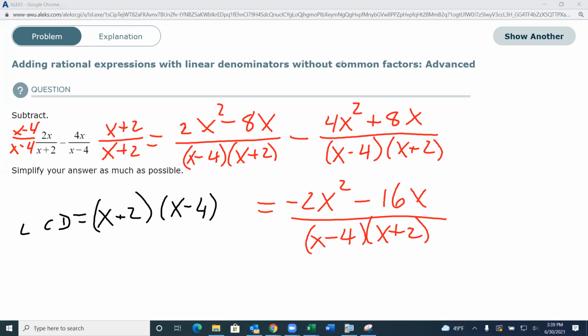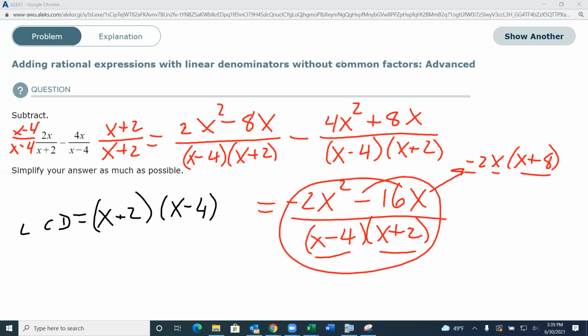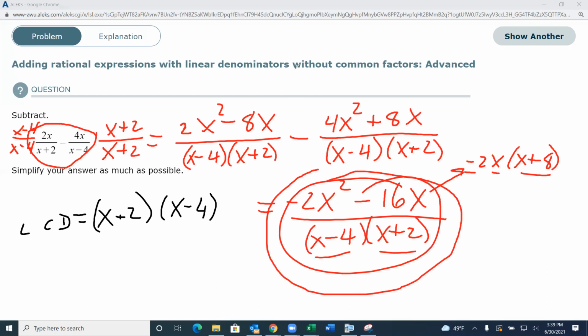Okay, now this time the numerator does factor, but when we factor it, we're still not going to be able to cancel anything because the numerator becomes negative 2x times x plus 8. And none of these three factors matches up with either of these. So you can just leave it like this, but you do need to know that for sure, one way or the other. And as always, plug in the original problem for y1, your final answer for y2, see if they match up. And if they don't, go find the problem.